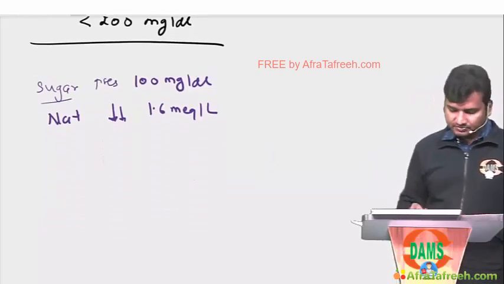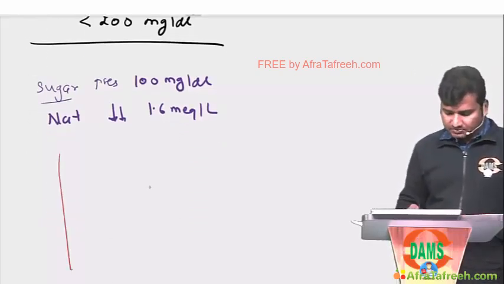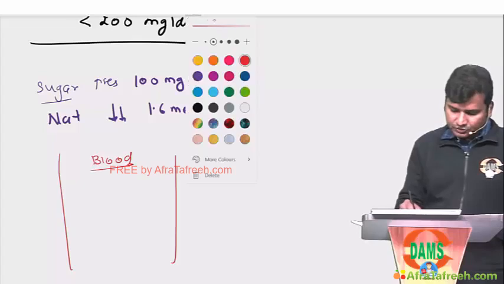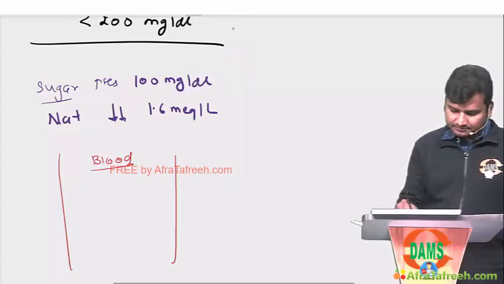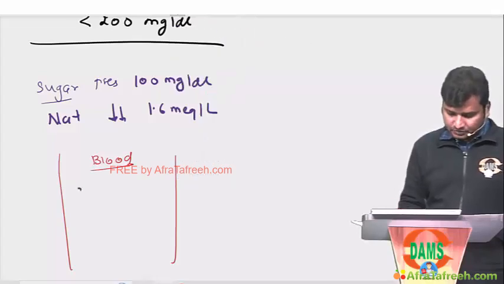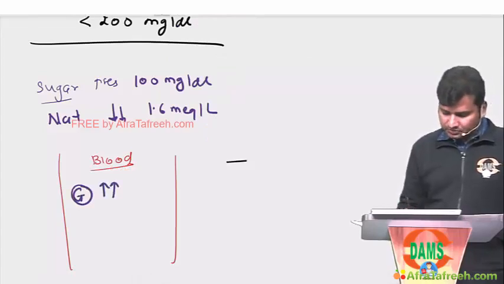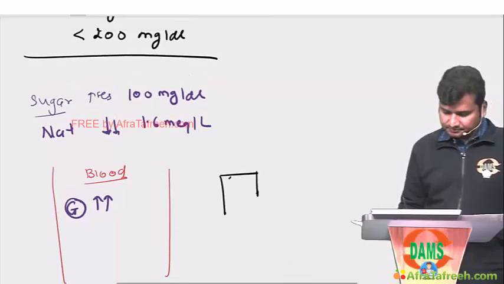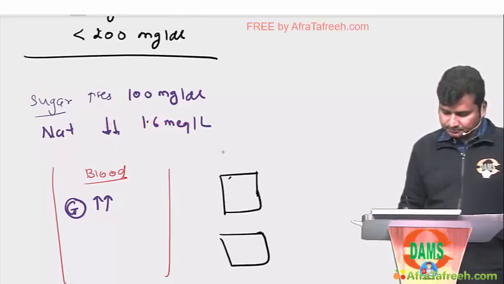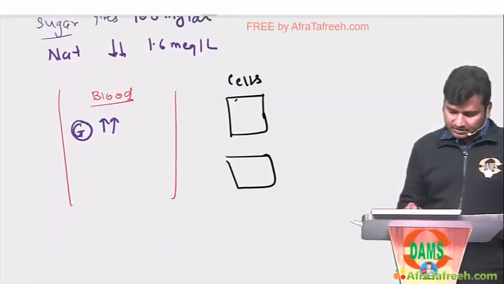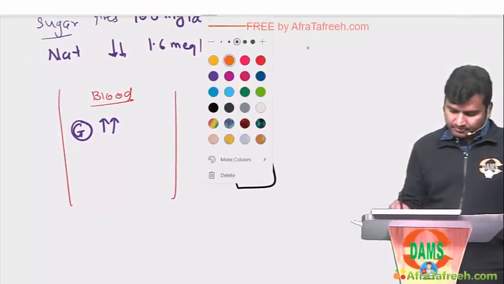The mechanism is very simple. Suppose this is blood, and in blood the sugar level is increasing, so the glucose level is increasing. And suppose these are cells. This blood is also having sodium.